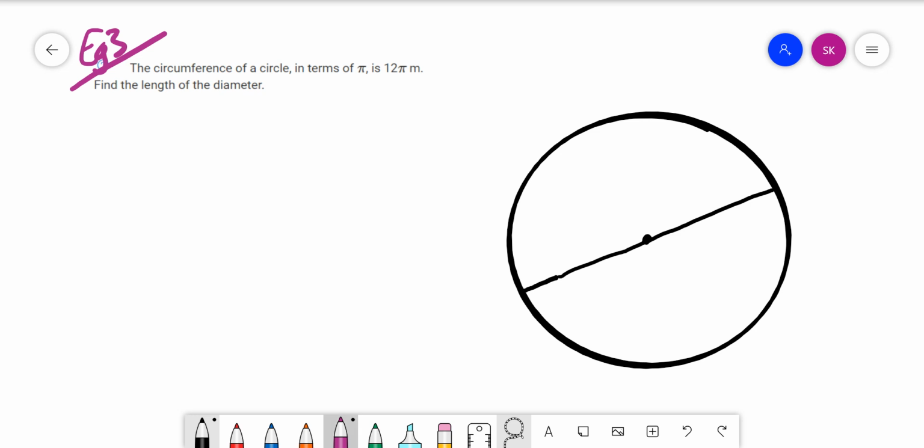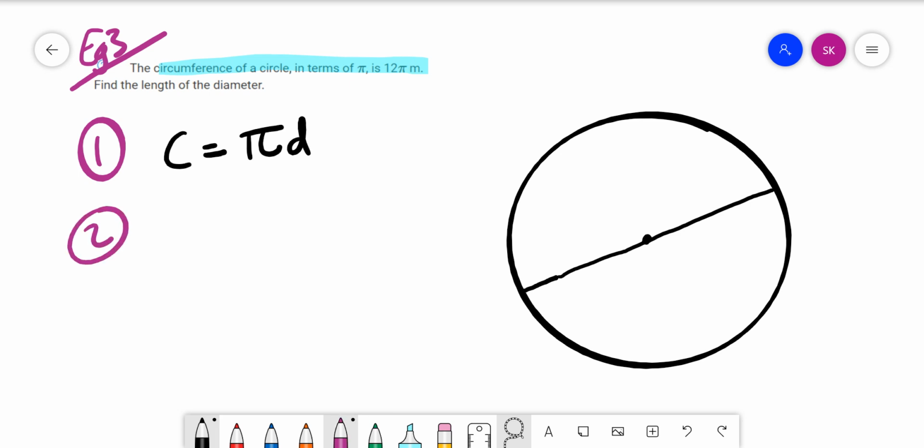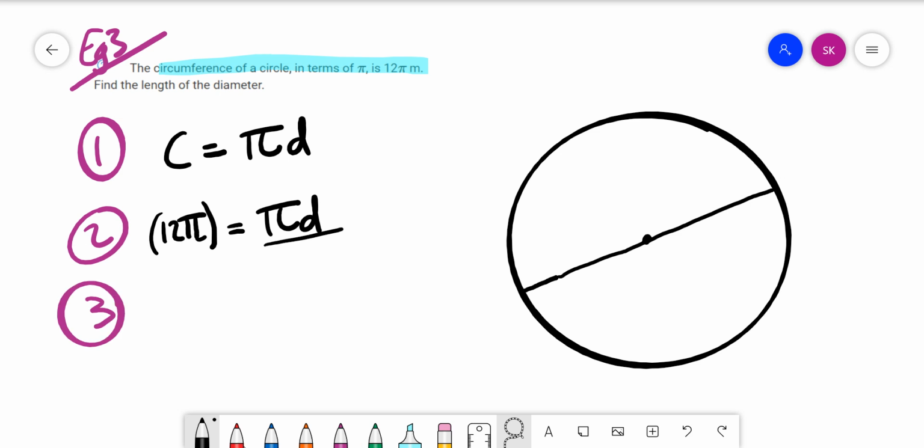Well, it's one of those situations where I'm given the circumference. And when I'm given the circumference, step 1, write out the formula. Step 2, substitute, and in place of C I've got 12 pi. And step 3, solve to find D. Now this is actually super easy because I divide both sides by pi to eliminate this pi here.